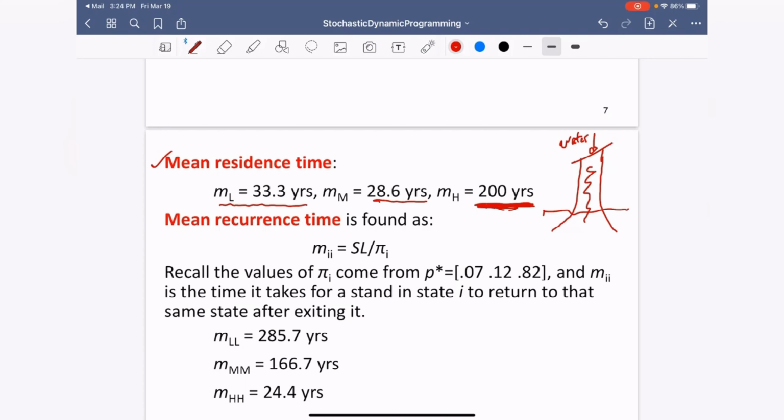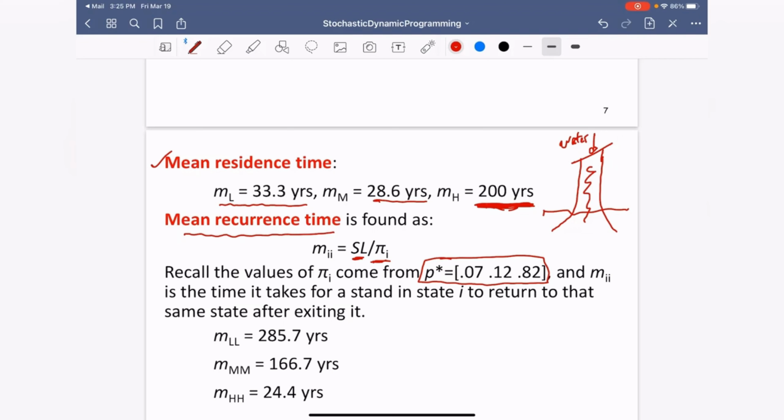Now, we also define the mean recurrence time as M_ii being equal to the stage length divided by the probability that comes from that long run probability which we calculated, this one here, in an earlier slide. So it's the time that it takes for a stand in state i to return to state i after exiting it.